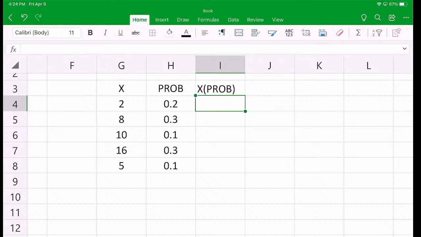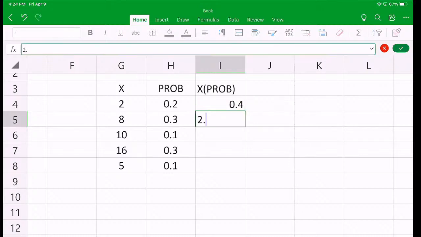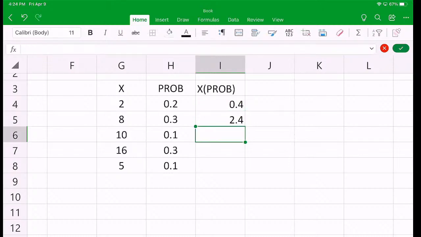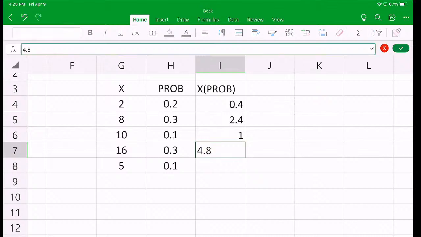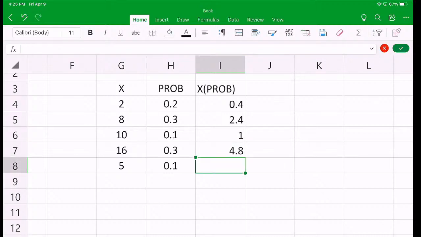Going down. I'll do a better job when I transfer the results. So I multiply 2 times 0.2, so this is 0.4. This is 2.4. This is 1. This is 4.8. This is 0.5.